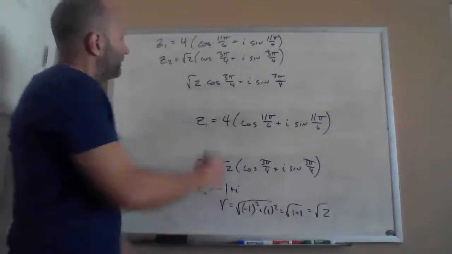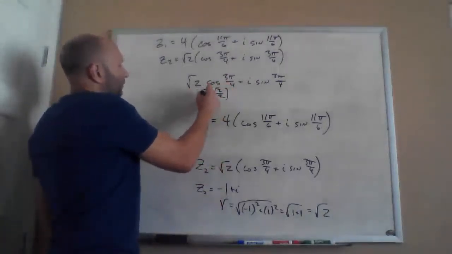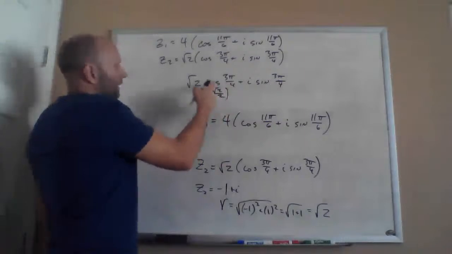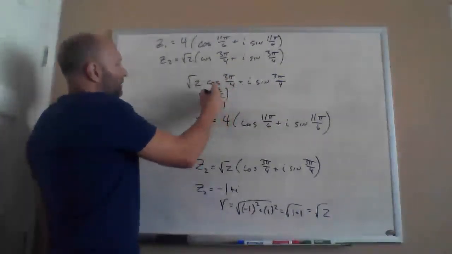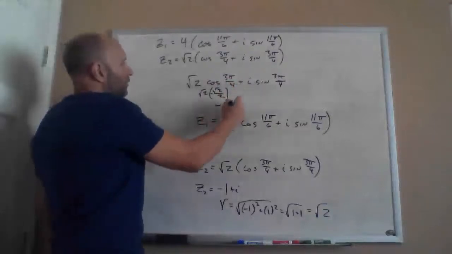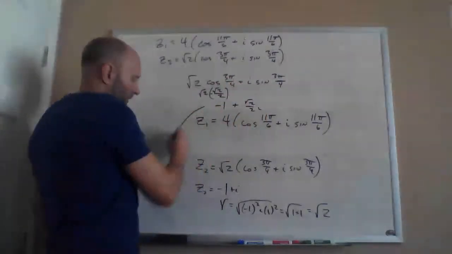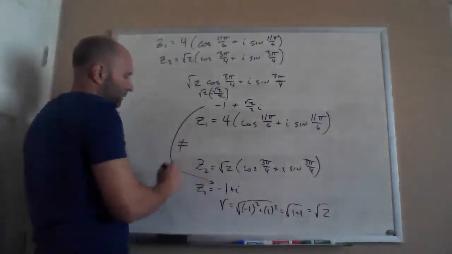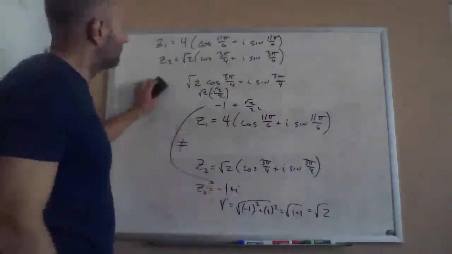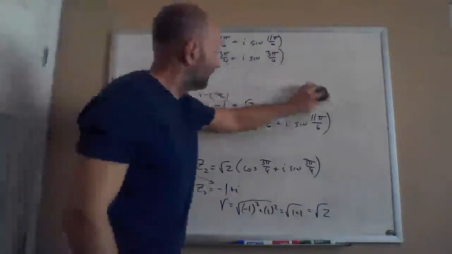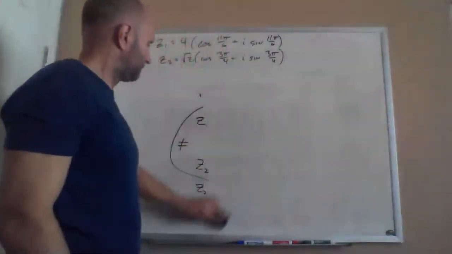So if you just have this here, this would be square root of 2 over 2 times square root of 2. Square root of 2 times square root of 2 is 2. 2 over 2 is 1. So negative 1 plus, and then this is just root 2 over 2i. This is not the same as what you started with. So always use parentheses. Okay, so let me move on here.